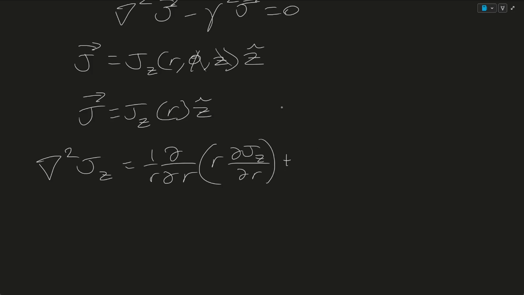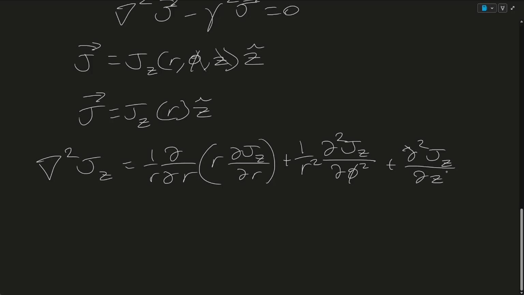plus the same thing kind of squared for phi, and okay, 1 over r squared times the second partial of Jz with respect to phi squared, plus the second partial of Jz with respect to z squared. Oh, cool.